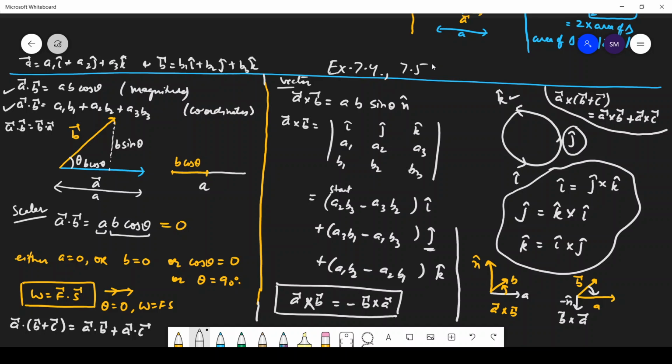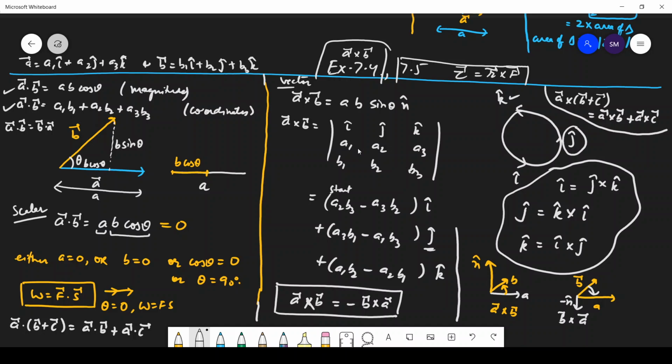So 7.5 is also a question of cross product, where tau is equal to R cross F. In 7.4 we have two arbitrary vectors, A and B. So that's the difference: here instead of A I have R, and instead of B I have F. So just for practice you can do the determinant with these two examples.